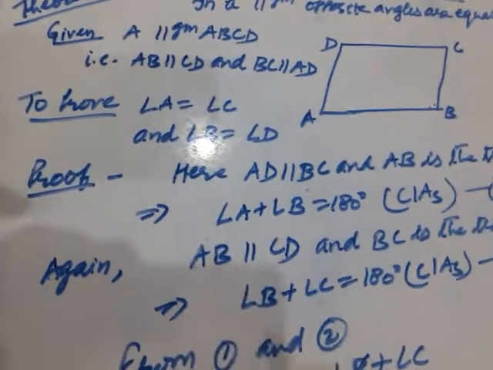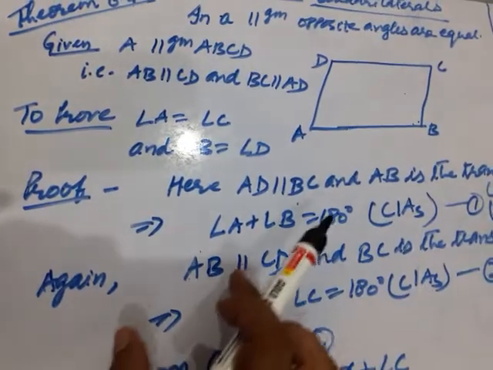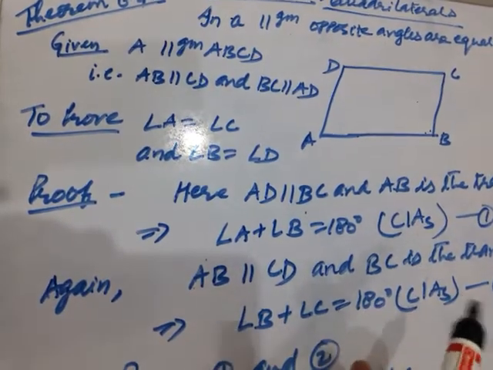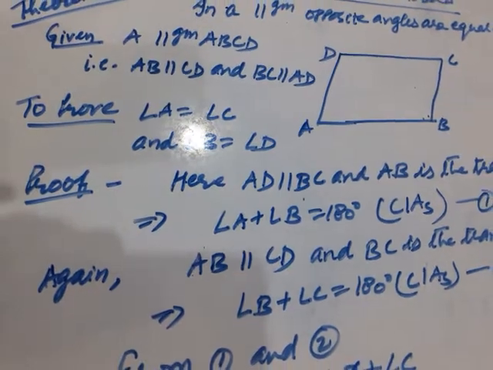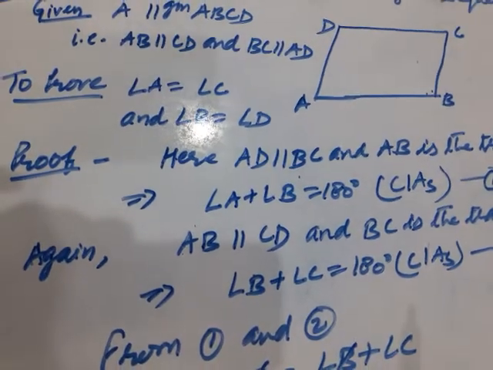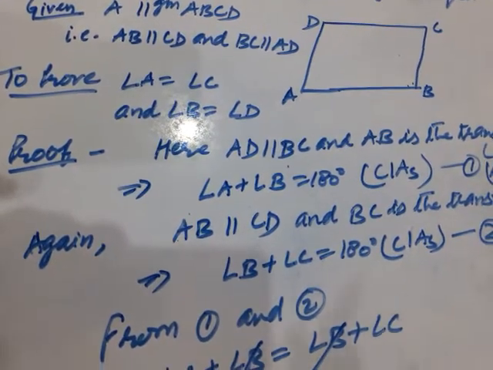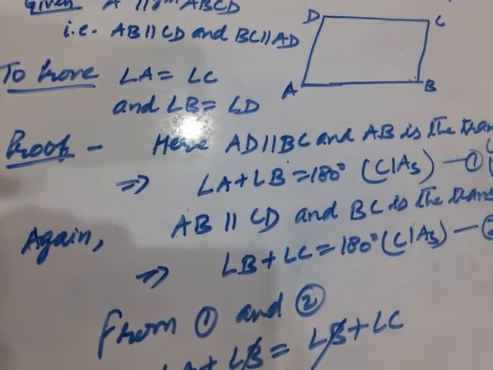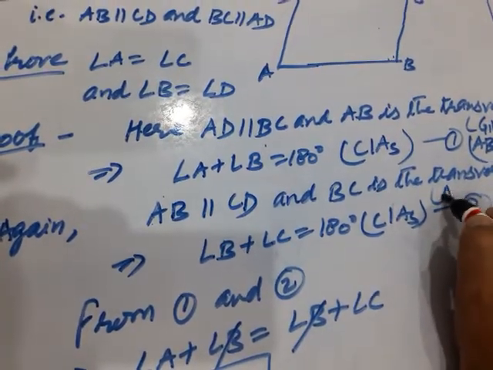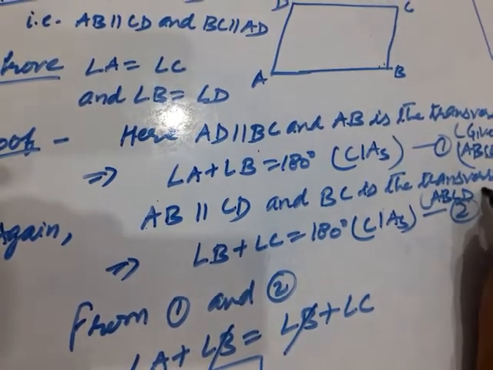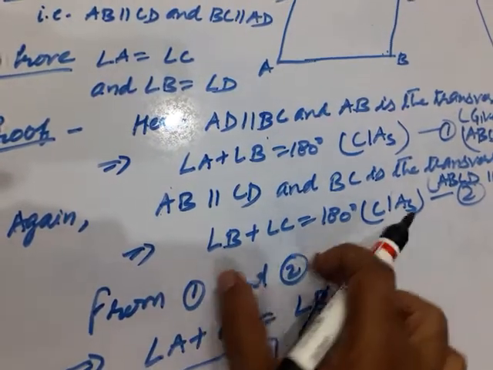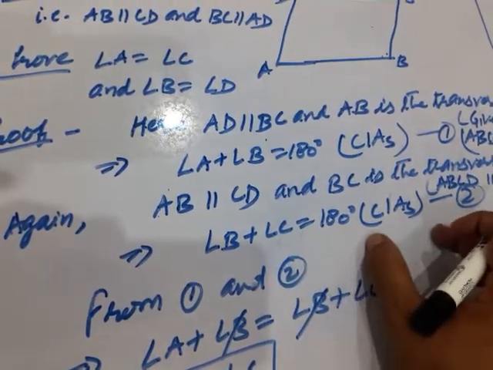So since ABCD is a parallelogram, angle A plus angle B equal to 180 degrees, that is co-interior angles or consecutive interior angles; their sum is 180 degrees. What is this property in full? The sum of interior angles on the same side of the transversal is 180 degrees. Similarly, AB is parallel to CD. What is the reason? ABCD is a parallelogram. Again, co-interior angles, angle B plus angle C equal to 180 degrees.